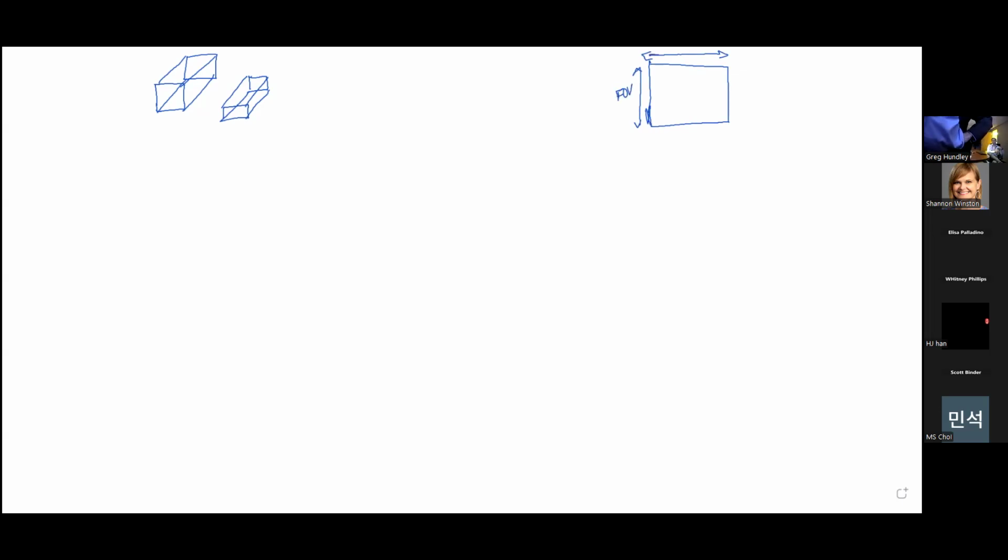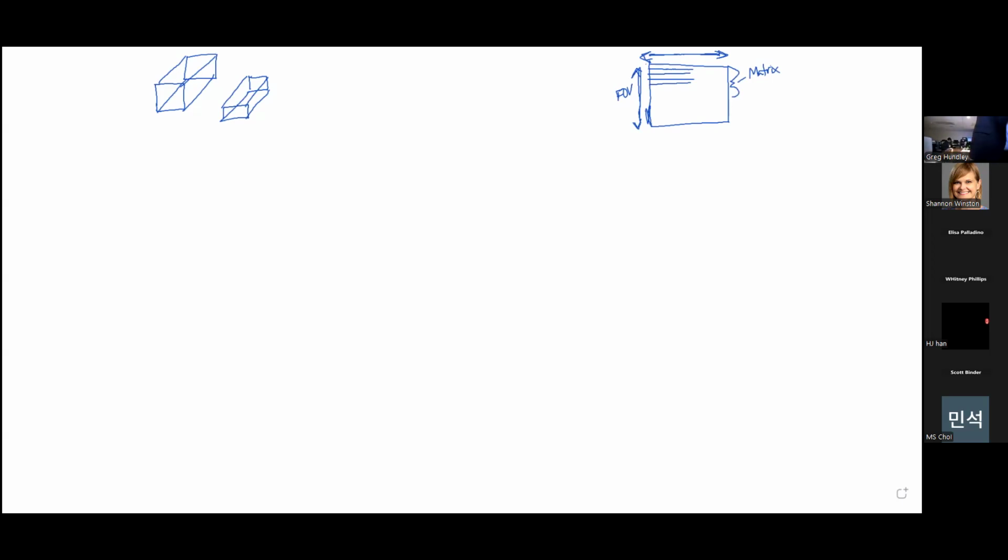So we have a length up here at the top and a width. And then to create the spatial resolution, we had to fill this picture with lines. And we called the number of lines the matrix.